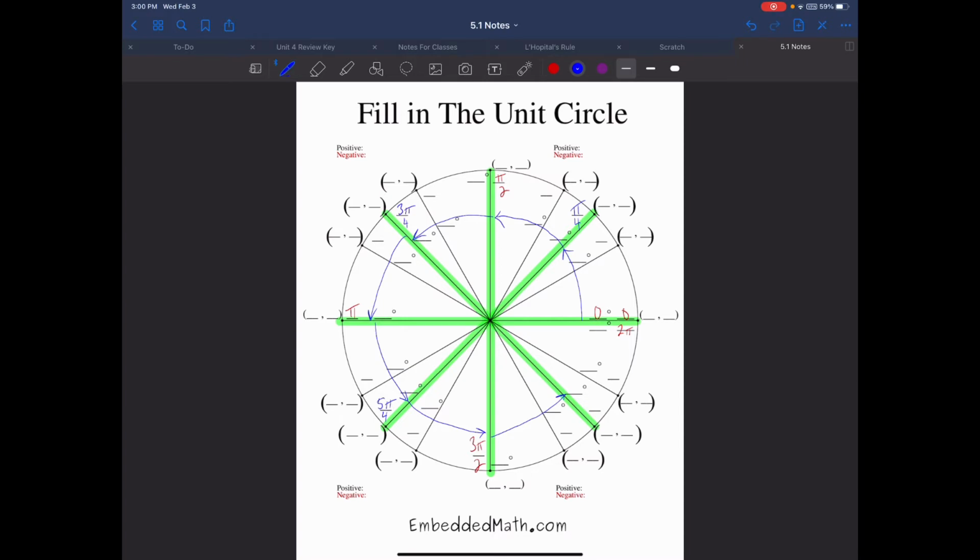So how many fourths is that? It's 7. So this is 7 pi over 4. And then I go my last little fourth. So this is 8 pi over 4, which reduces to 2 pi. So there's a lot of overlap in those. Notice we only added 4 new values. So those are the fourths.